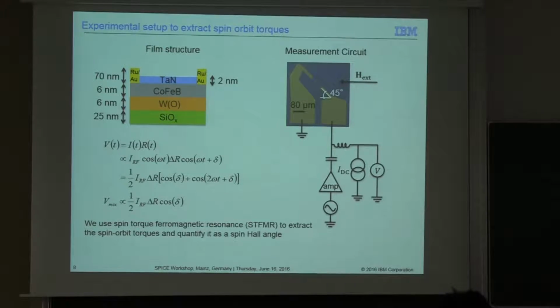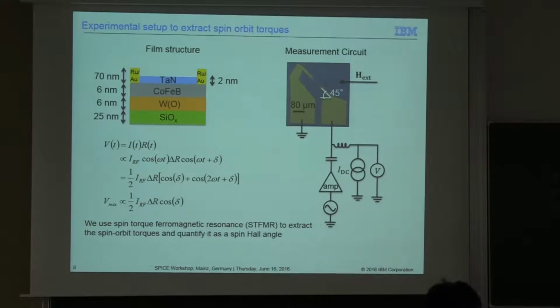So you get an effect which is similar to how a lock-in amplifier works, where you get a multiplication between these two components, and that gives you a DC rectification voltage. The resistance of this magnetic layer changes due to the magnetoresistance, namely the anisotropic magnetoresistance in this magnetic layer.